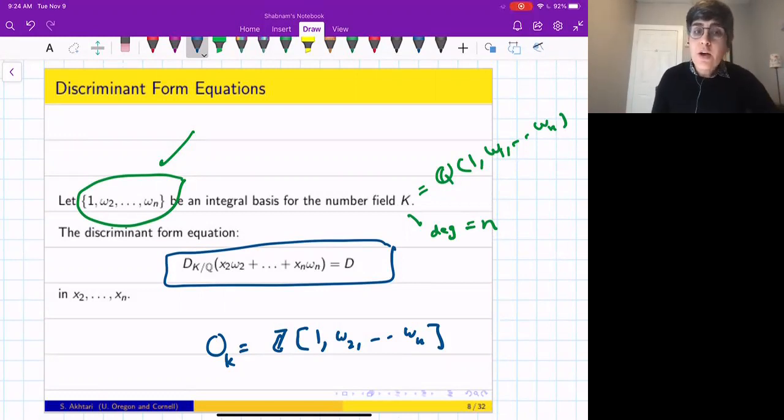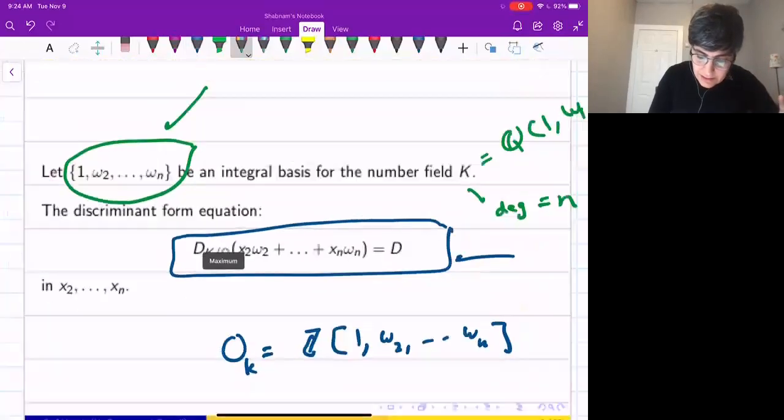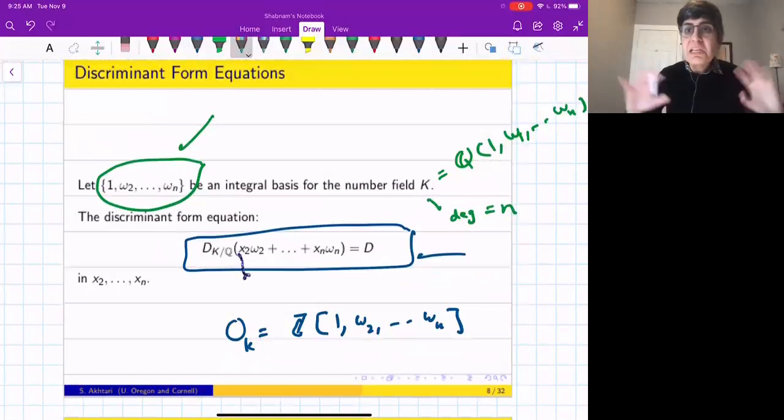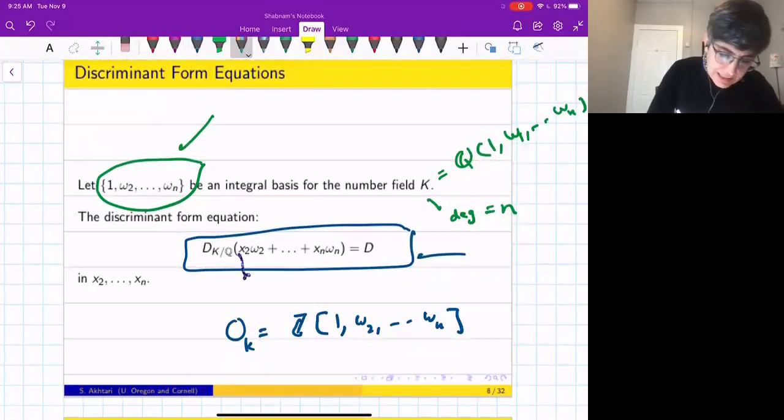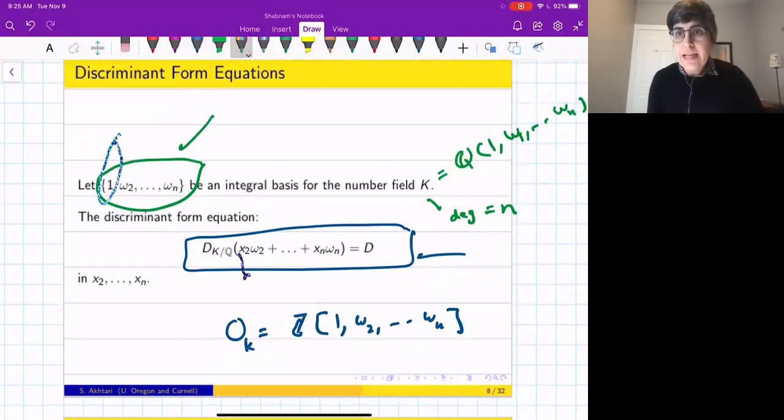But then what if I treat x1, x2 to xn as variables? That will give me a form in n variables, and I know that once I put any integer values for x1 to xn, I get an algebraic integer. And this formula that I wrote here should give me the discriminant of that algebraic integer. There is one little thing I missed, but I really didn't. Here, I kind of ignored x1. Why did I do that? x1 is the coefficient of 1, right?